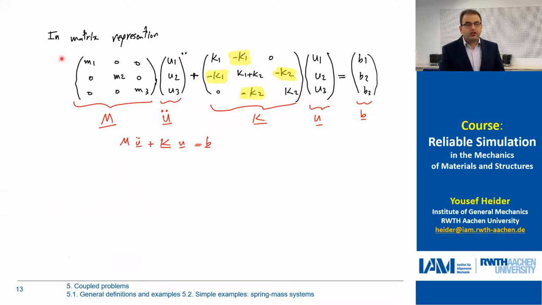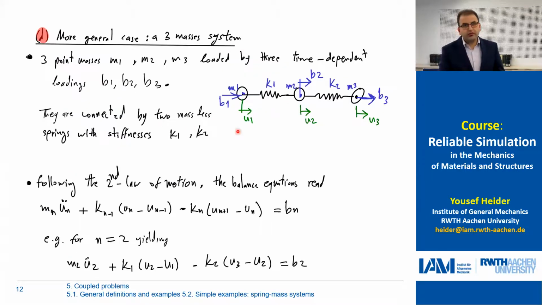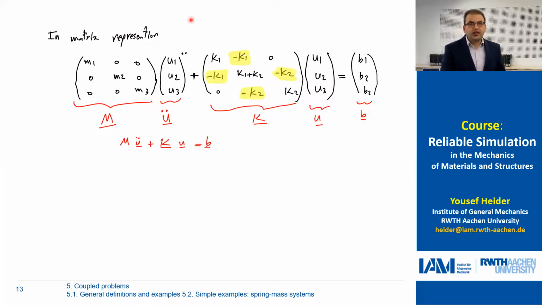Now, if we collect this for the 3 masses, we have 3 balance equations, and we can put them in matrix representation.